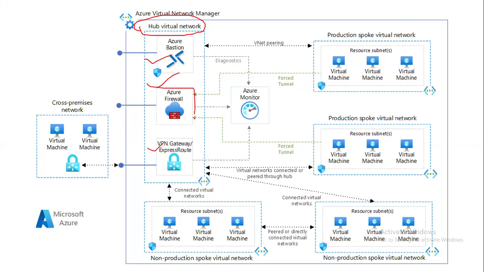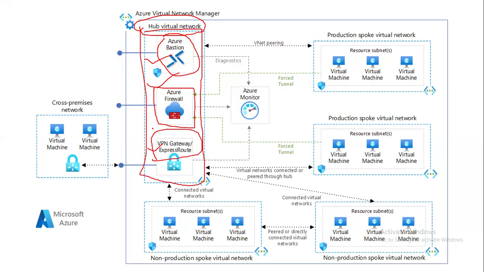Here Azure Firewall can control your egress, meaning outbound, and inbound traffic with the help of application rules as well as network rules. And Azure Bastion works as a jump server. Once you configure the VNet, subnet and all the things, I already mentioned how you configure ExpressRoute as well as VPN connectivity, the VPN gateway for this one.